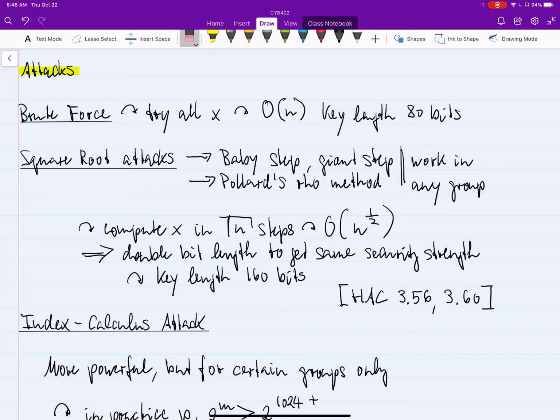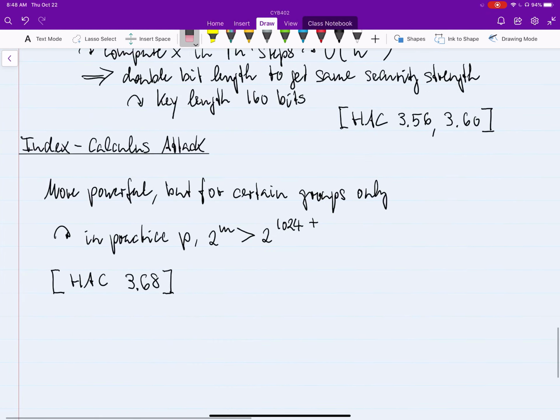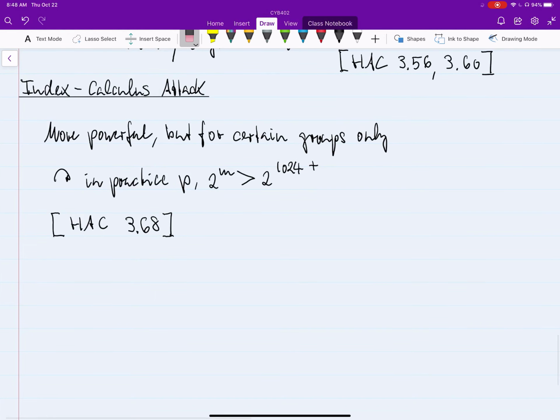Okay, so obviously these attacks are applicable to any crypto system that relies on the discrete or generalized discrete logarithm problem. There is a way more efficient attack, which is called the index calculus attack. It's more powerful, but only for certain groups.